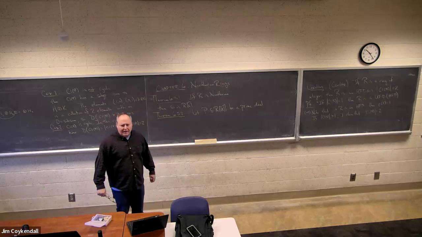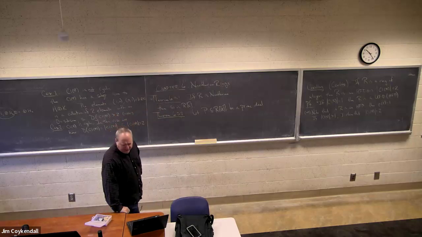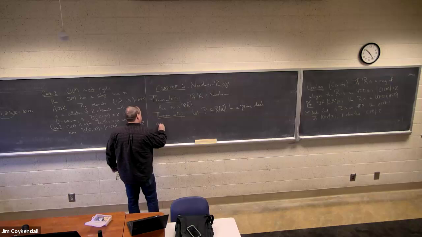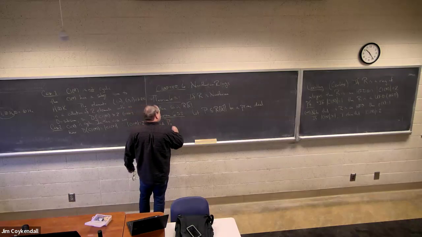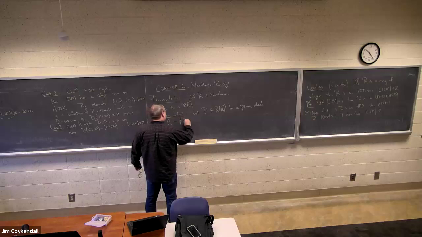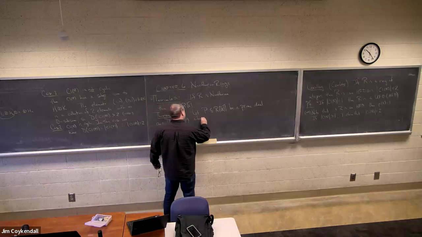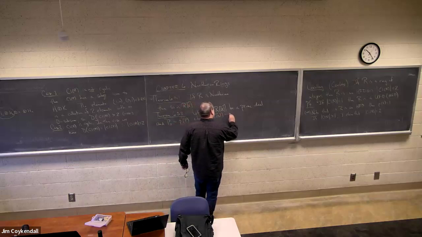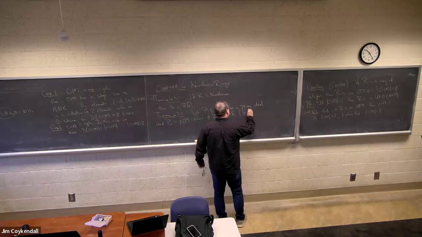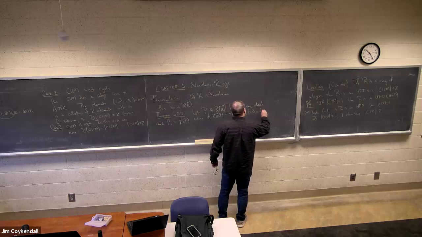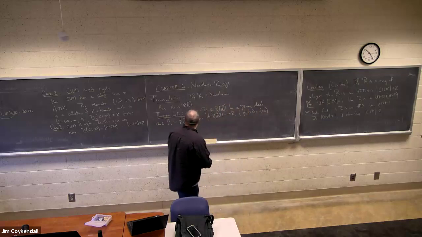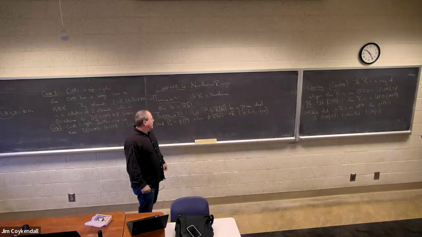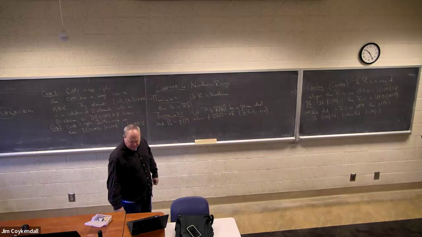Suppose you have a power series ring R[[x]], and suppose you have a prime ideal P. P0 is the image of this prime ideal under the homomorphism that annihilates the variable.